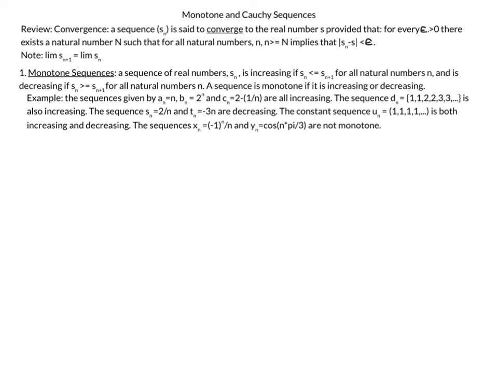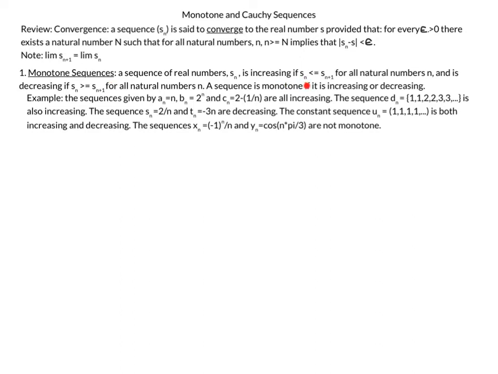A sequence of real numbers S_n is increasing if S_n is less than or equal to S_(n+1). In other words, subsequent terms in this sequence are bigger than or equal to previous terms. And it is decreasing if subsequent terms are less than or equal to previous terms, or S_n is greater than or equal to S_(n+1).